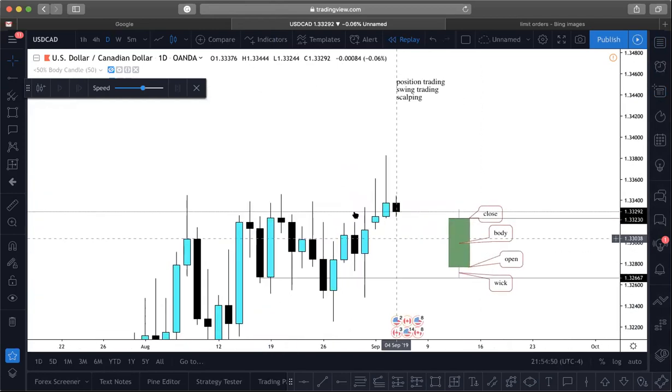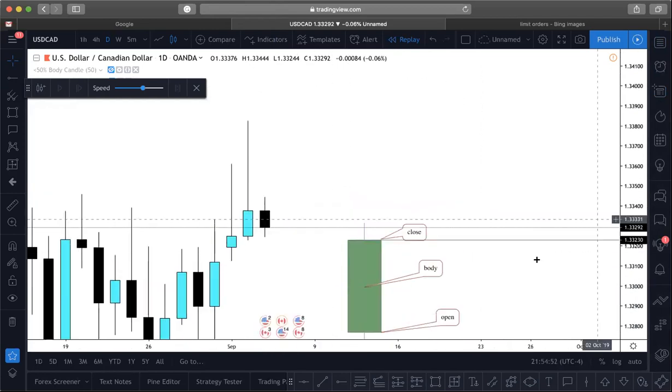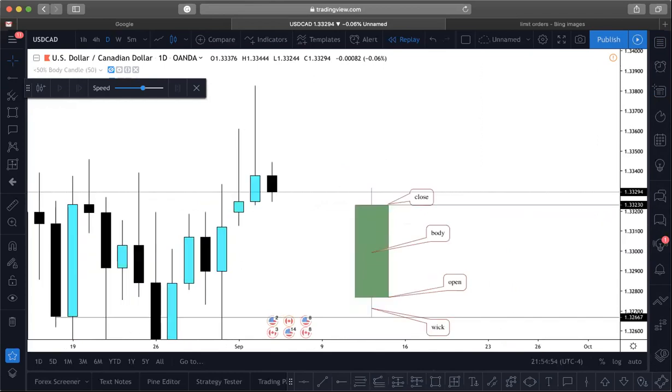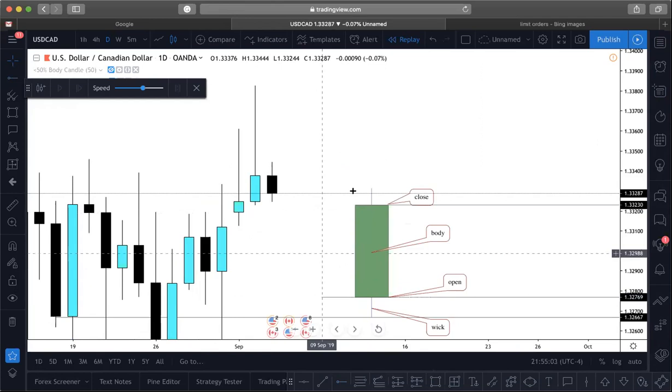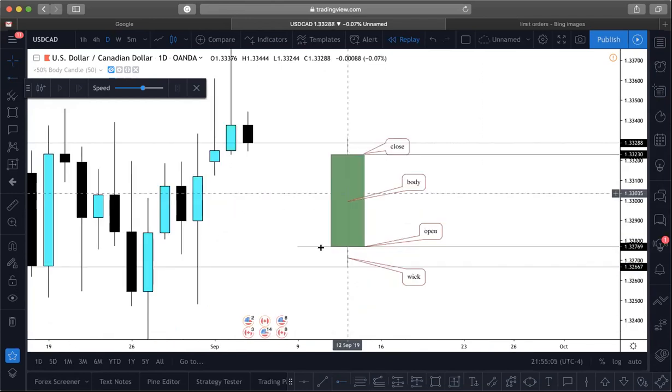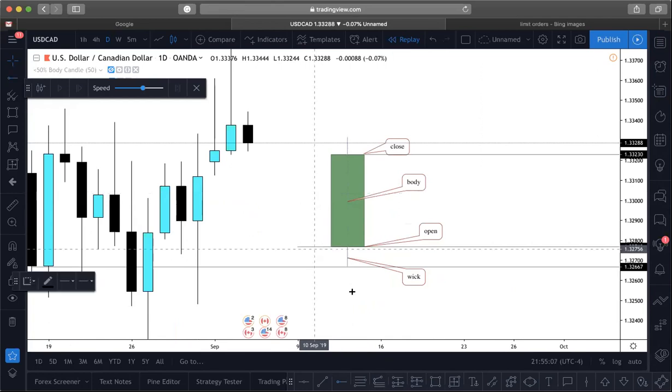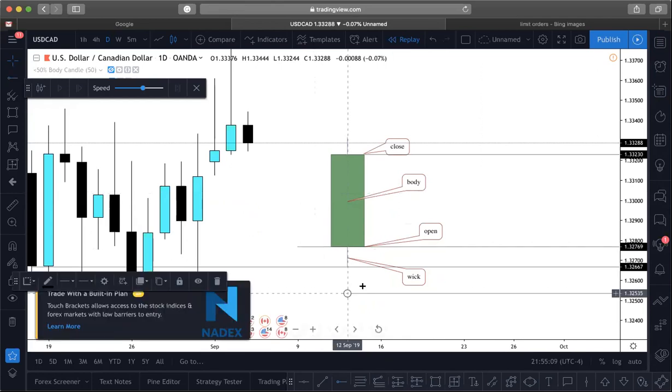Now, let's say this is a level it opened on. If the market decides to close under this level, then this would not be a bull candle, it would be a bear candle, and the color would be red instead of green.